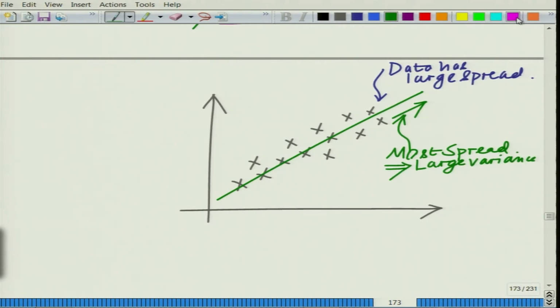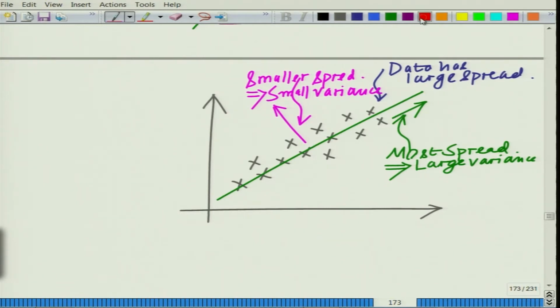On the other hand, on this direction, if you look at this direction perpendicular, this has a smaller spread, implies this has small variance.